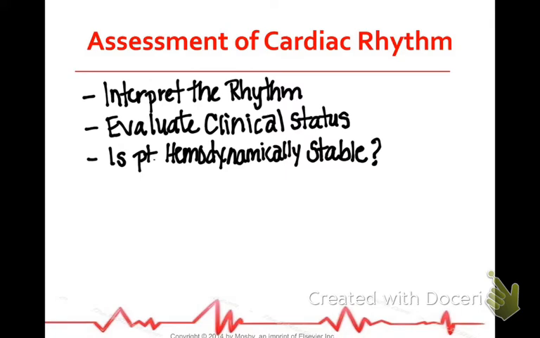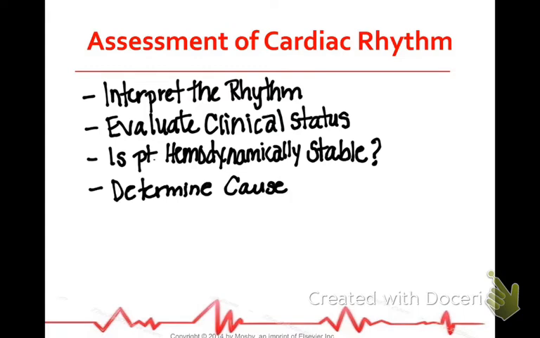You always evaluate the clinical status of the patient. And are they hemodynamically stable? So how can you tell if your patient's hemodynamically stable without invasive monitoring? Blood pressure and heart rate, right? And how they're acting, LOC, are they dizzy, that kind of thing.